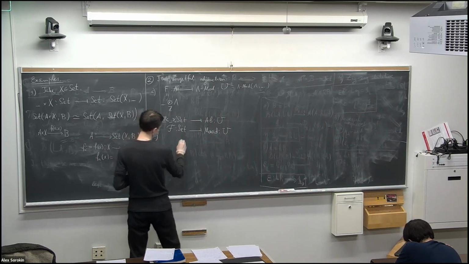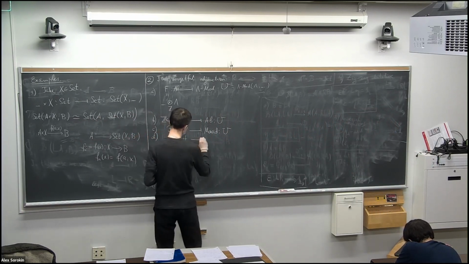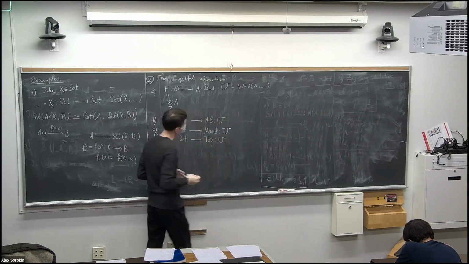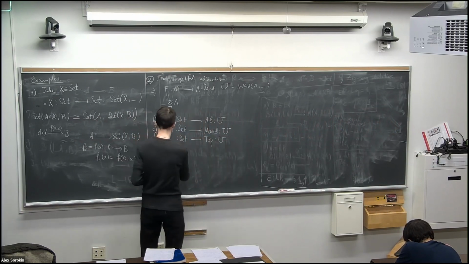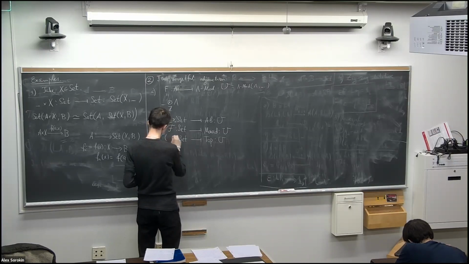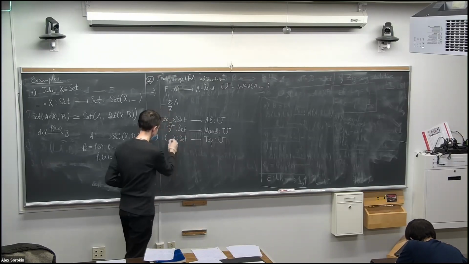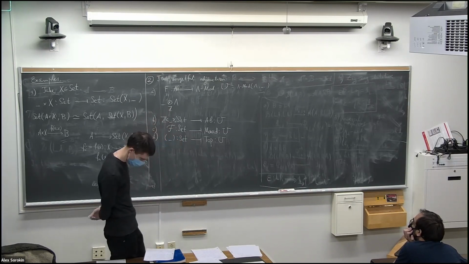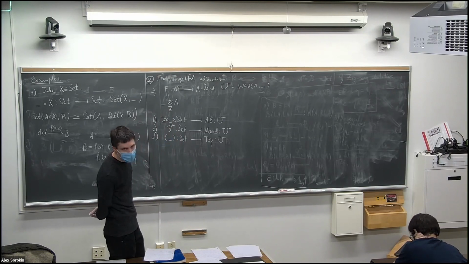Topological spaces. Set. Here again will be U. What will be here? Discrete and discrete. Discrete.